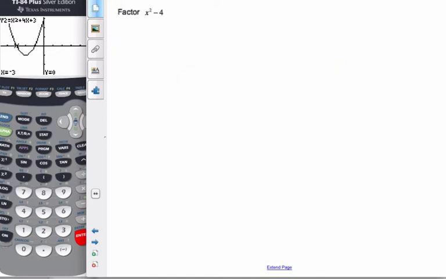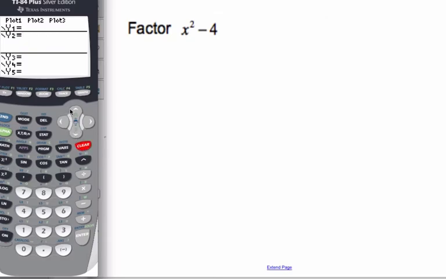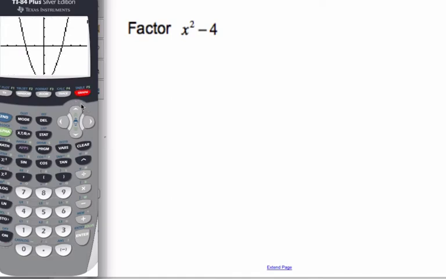Let's try another example. I want to factor x squared minus 4. If I clear this off on my calculator, let's enter x squared minus 4 and graph that. I'm mostly concerned with the x-intercepts. It looks like this is 2. I'm going to trace and go to 2, and the y value is indeed 0.